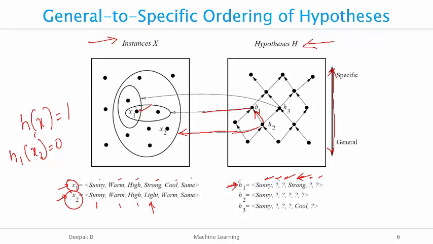H1 satisfies only x1, not x2. Similarly for H2 and H3. This diagram clearly shows how each instance in the instance set is satisfied by the hypotheses in the hypothesis space, and you can also see the more general than or equal to relationship.